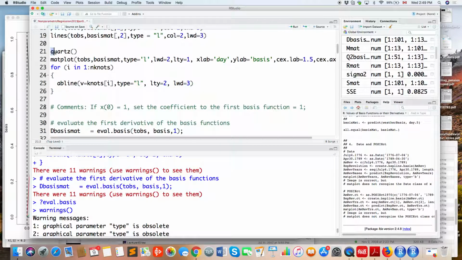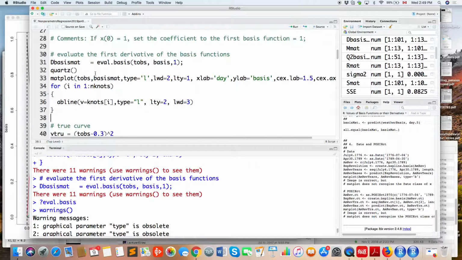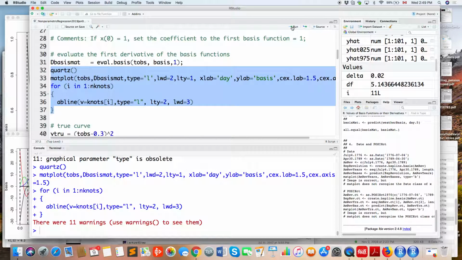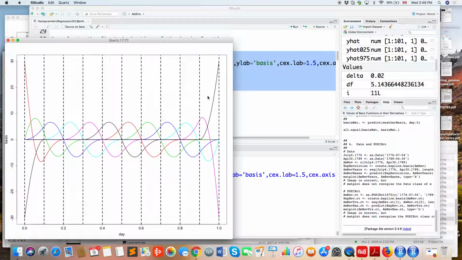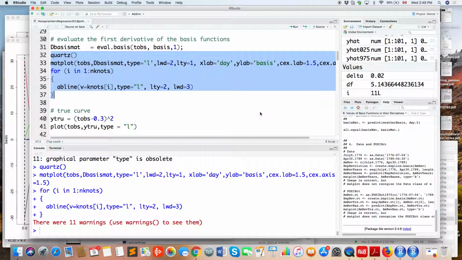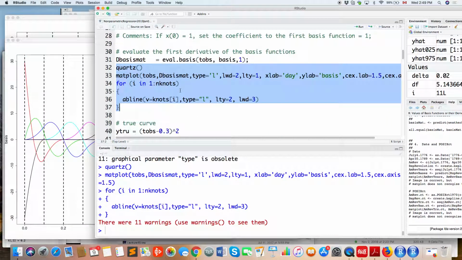So if we draw the first derivative of the basis functions, this will be the first derivative of all the basis functions. So this is about the basis functions, and you can see it's very easy to create these B-spline basis functions, and also very easy to evaluate them and their derivatives.